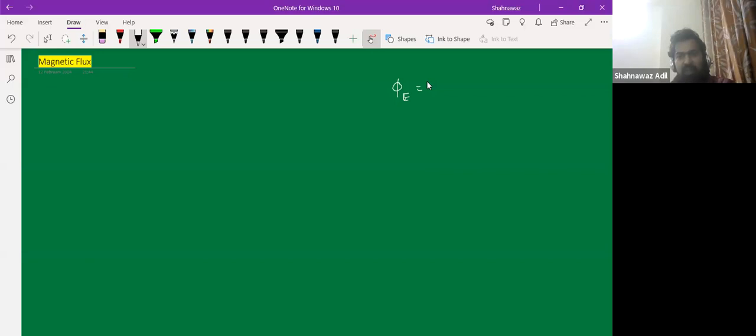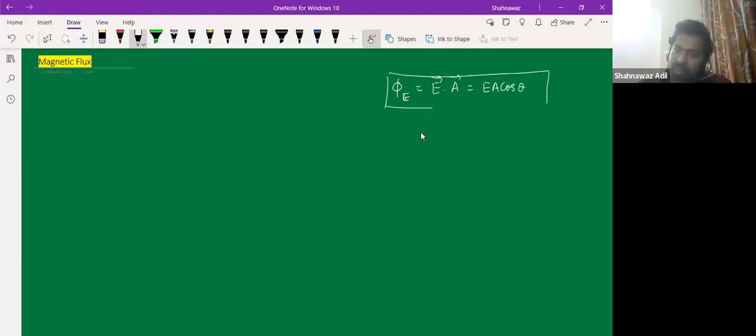So the number of electric field lines passing normally, which is a very important word, normally through the surface, is called the electric flux. Electric flux was E dot A, which is EA cos theta, right?